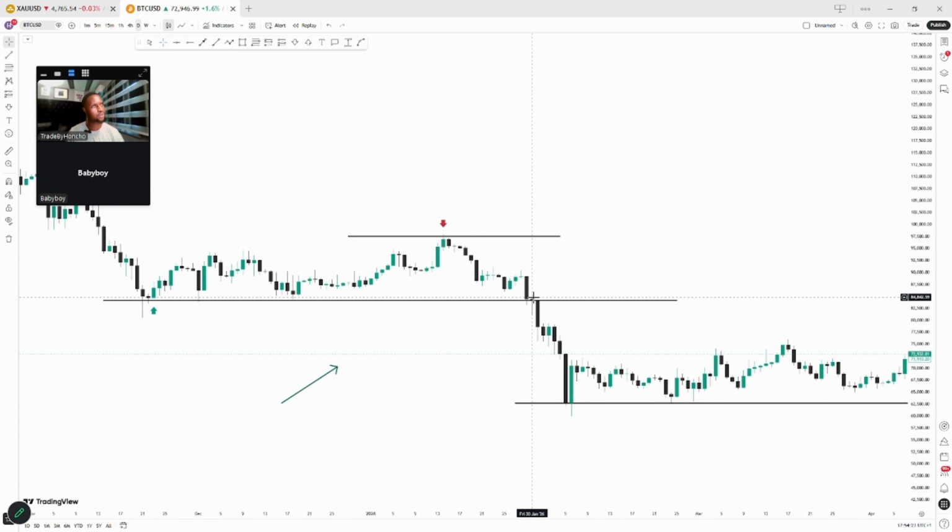The sellers were able to sell to this level, and these buyers were able to push the price back up and close, because this is a seller's market. So this candle that pushed all the way to this place and then closed, this is the body close candle. This body close candle did not happen here.